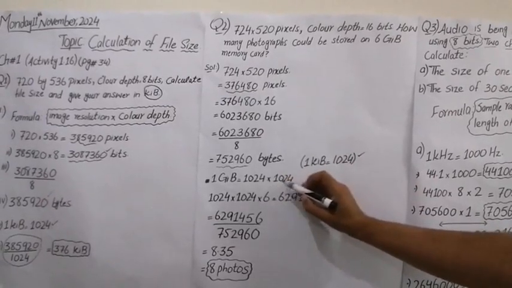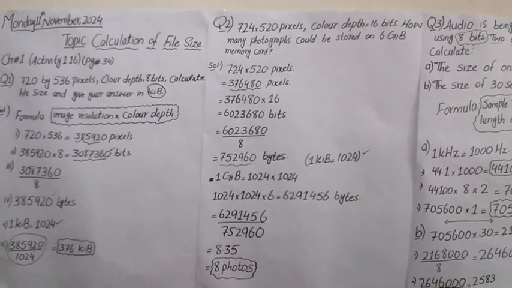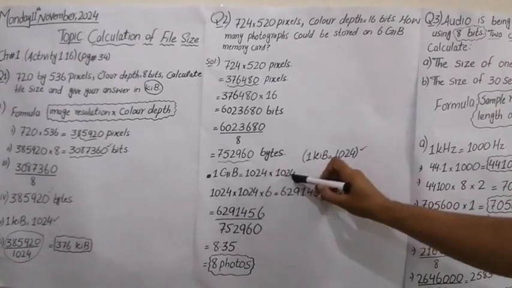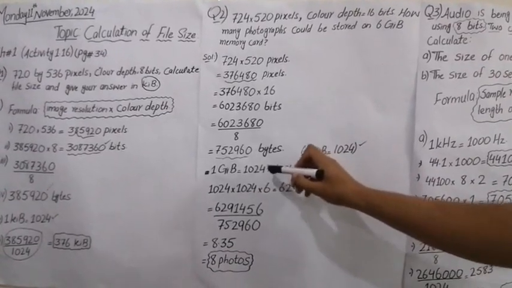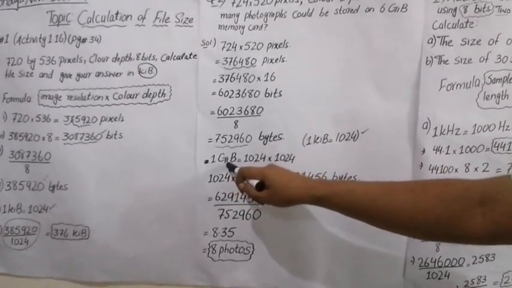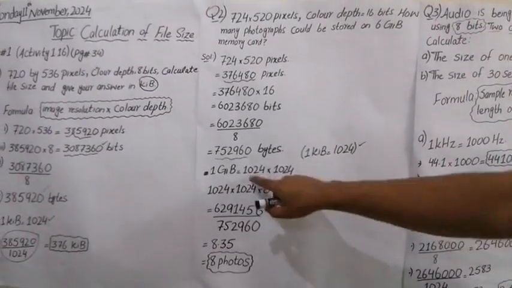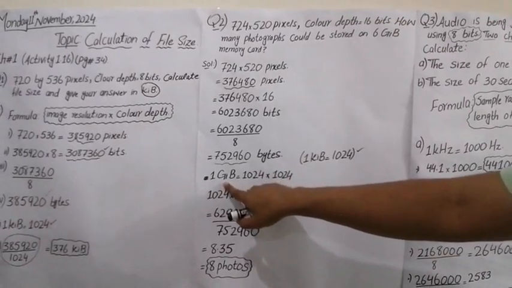As you can see, 1024 multiplied by 1024. So why are we going to do this? Because by multiplying 1024 two times with itself, we will get the answer in 1 GB. Okay, the value which you will get after multiplying 1024 two times will be equal to 1 GB, right?